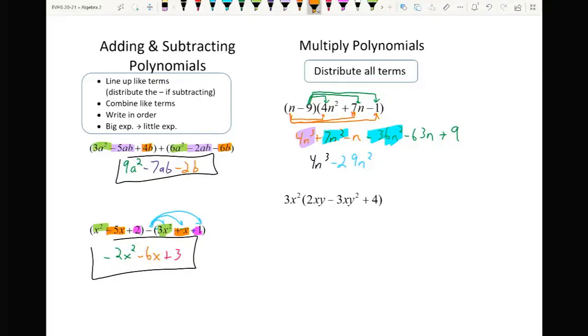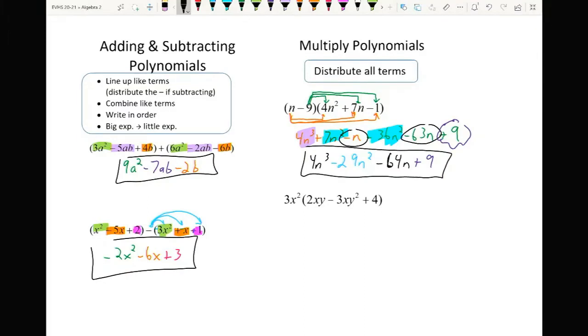Now I've got, and I'm going to start running out of colors here, negative n and negative 63n is negative 64n. And then my last one here is just my 9, so plus 9. Once all my like terms are combined, then I am finished.